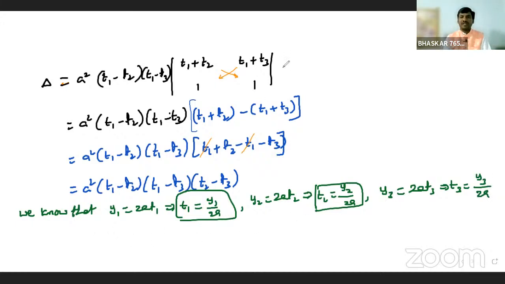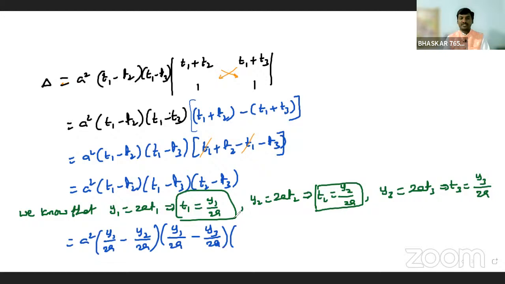If we apply all these three values, we get a square into (t1 minus t2). What is the t1 value? y1 by 2a minus t2, which is y2 by 2a, into (t1 minus t3): t1 value is y1 by 2a minus t3, that is y3 divided by 2a.